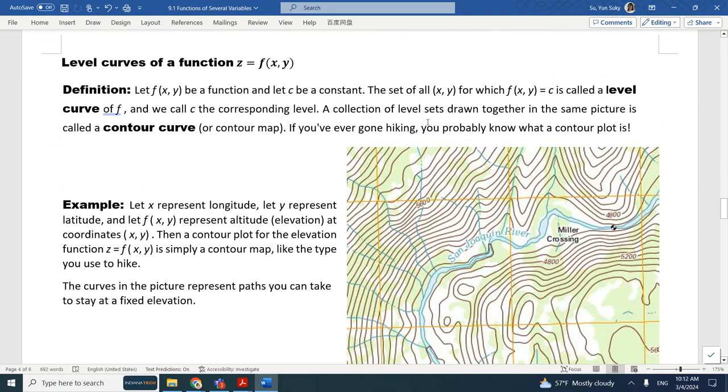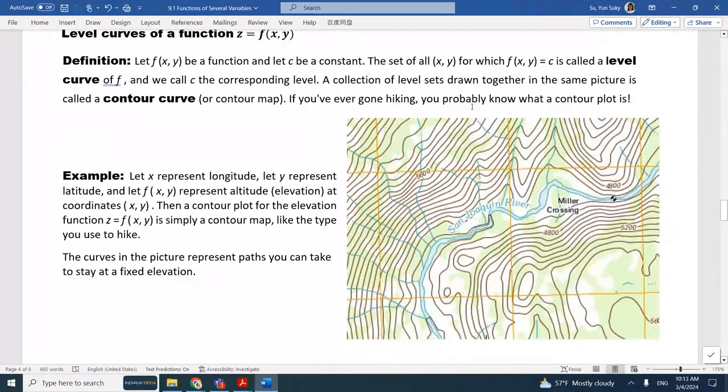A collection of level curves drawn together in the same picture is called a contour plot or contour map. If you have ever gone hiking, you probably know what a contour plot is. So look at this map. You see, this is the river, right? And you get a lot of curves. They are actually level curves.